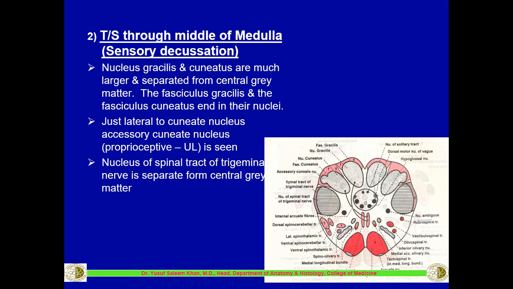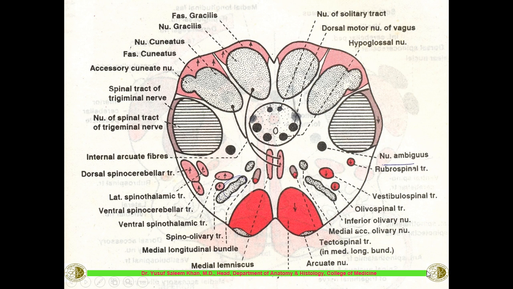The nucleus of the spinal tract as well as the trigeminal nerve nuclei as well as the tract can be appreciated here. Here in this sensory decussation you can see the spinal nuclei, the trigeminal nuclei, and this is the spinal tract of the trigeminal nerve. This again shows the pyramidal fibers.